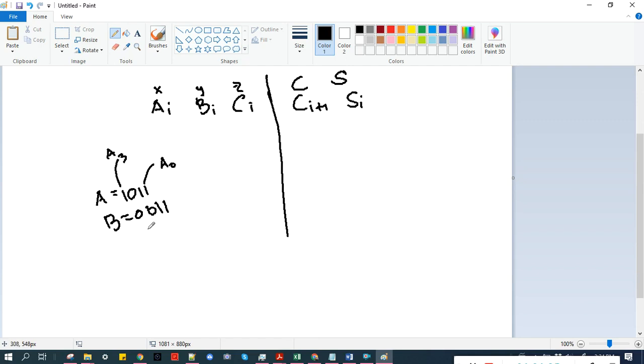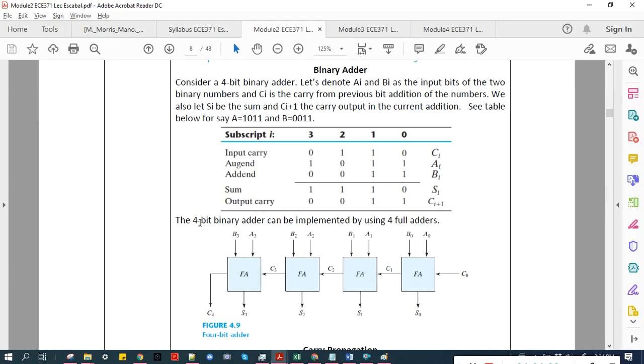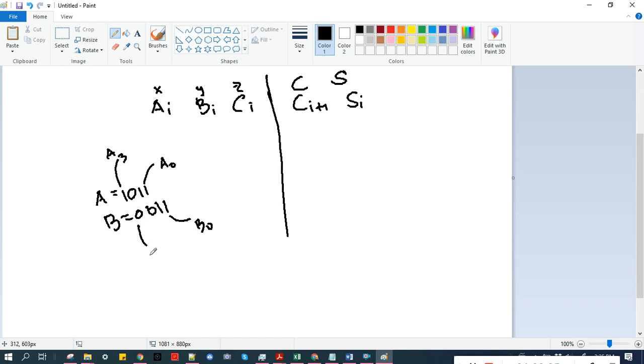And our B is, this is our B0. Our A is 1011, our B is 0011. Subscript A I, A0 is 1, this is A0, A1, A2, A3. And this is B3.